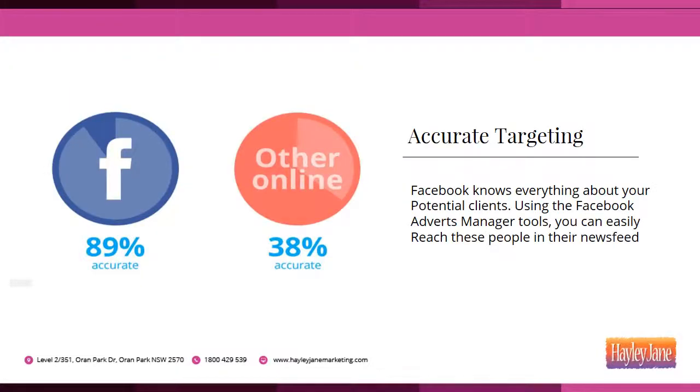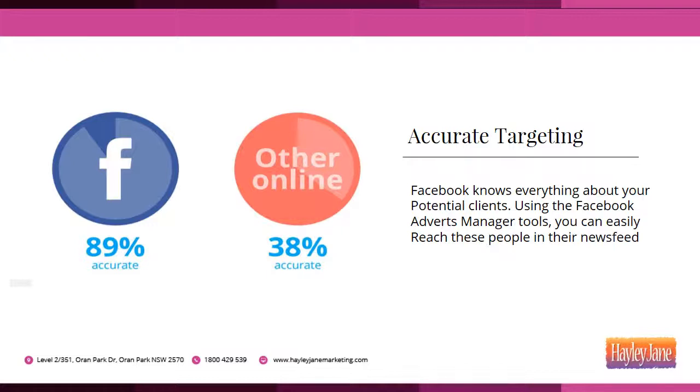Another reason with Facebook is the accurate targeting. There are other ways of targeting people, but Facebook has the most precise means of targeting clients. Everybody puts everything about themselves into their Facebook profile, and Facebook uses all this information for businesses such as yours to be able to target those exact people with products or services that may interest them.